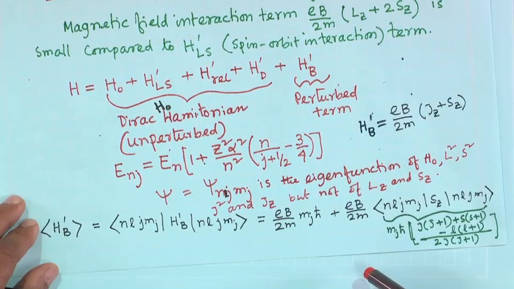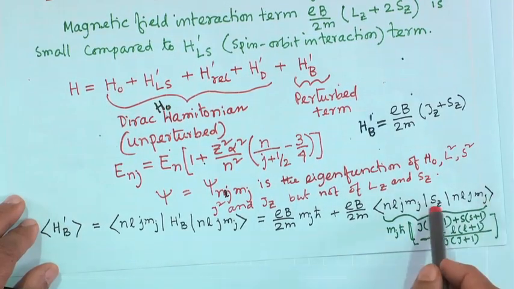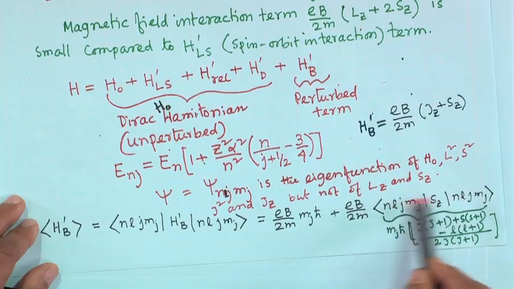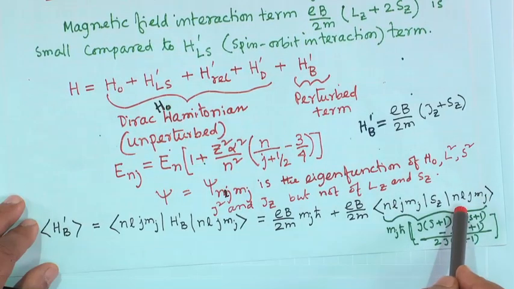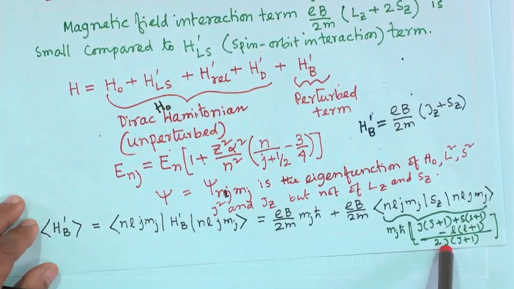But I am just showing the result, so that later, when they complete their quantum mechanics course, they will be able to fill the gap and calculate how this gives this value. Okay. If you calculate this expectation value, it will come m j h cross times j plus 1 plus s plus 1 minus l plus 1 divided by 2 j plus 1.